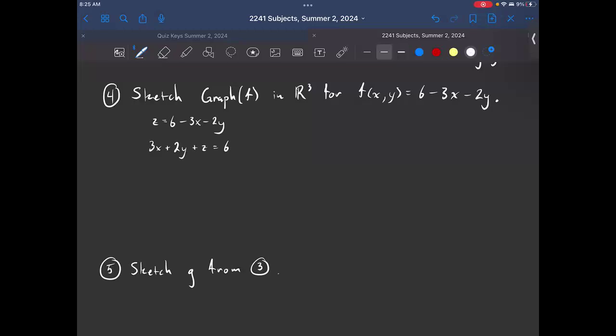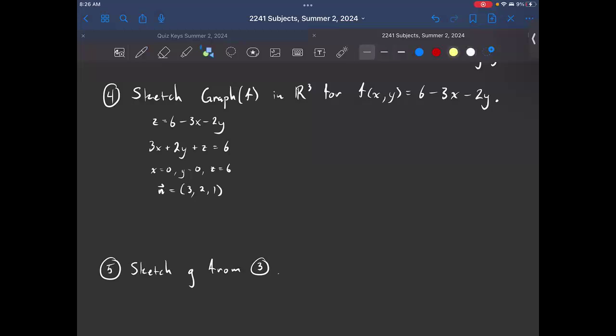And now we just need a vector in the graph of f. So let's pick x equals 0, y equal 0, and that's going to imply that z equals 6. All right, and then we recognize this as the graph of a plane with normal vector 3, 2, 1.